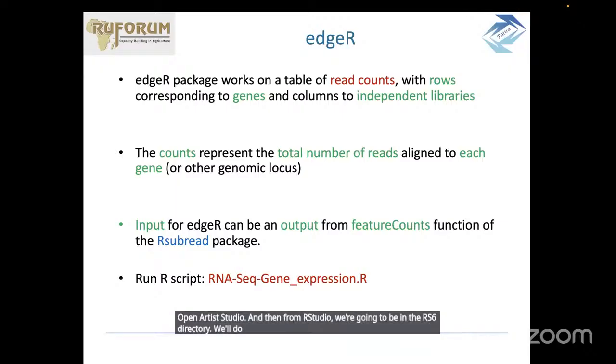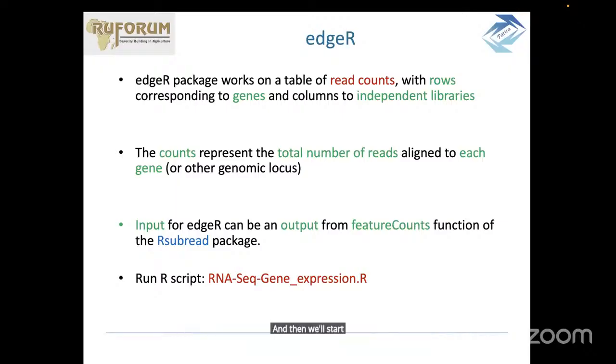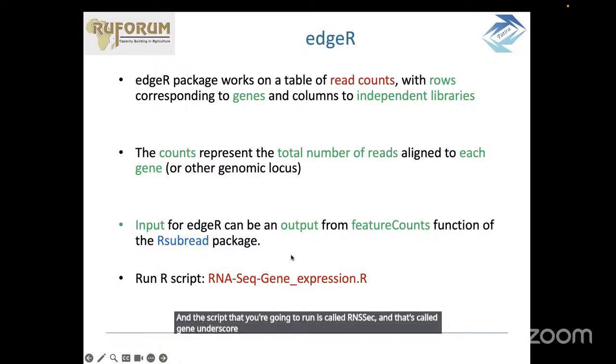We'll do that together, and then we'll start running each script from yesterday. The script that you're going to run is called RNA-seq underscore gene underscore expression. You downloaded this one today, replace that of yesterday. Okay.